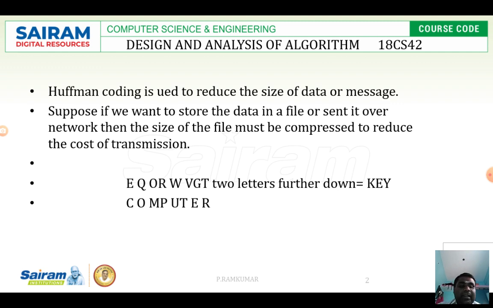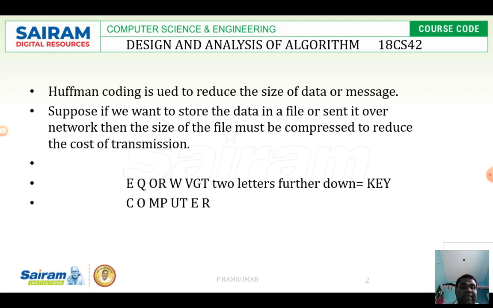So, for example, let me take a simple word, computer. If I want to transmit this word computer from one place to another, it needs to be encrypted. Encryption means replacing each letter by another letter.